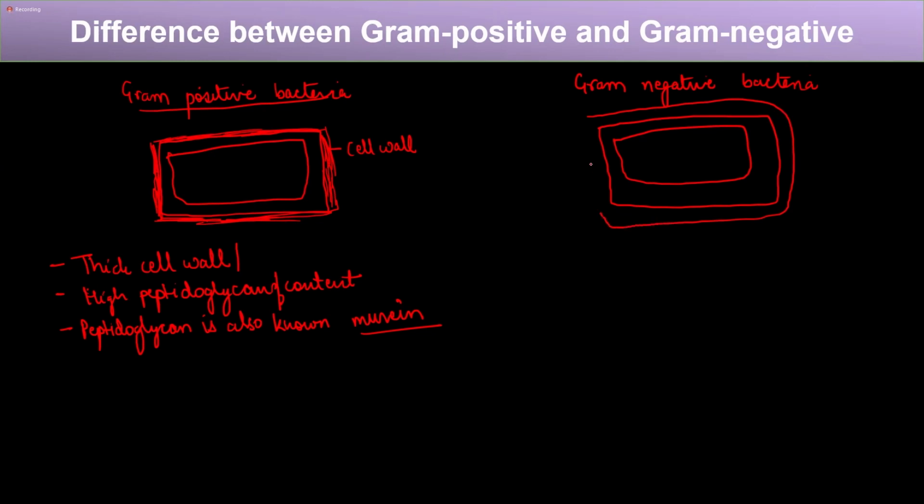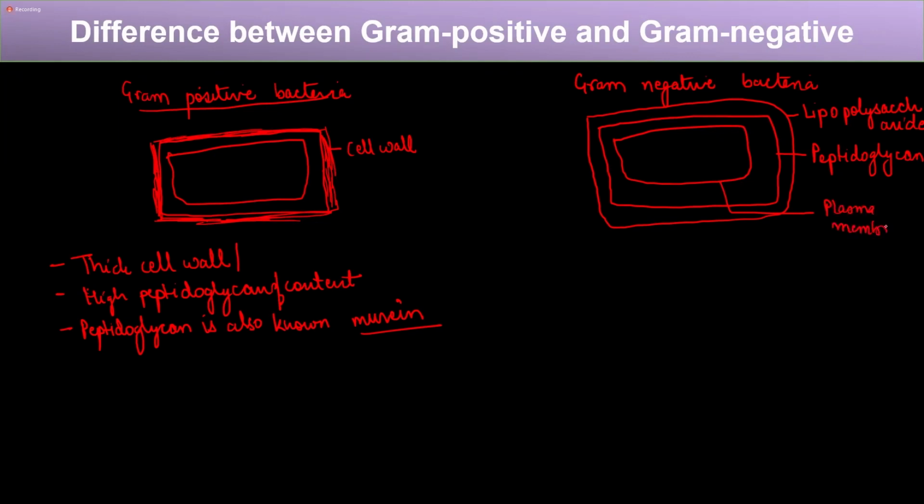This layer is made up of lipid, and it is called the lipopolysaccharide layer. And this is your peptidoglycan layer. Together they form the cell wall, and inside is the plasma membrane.